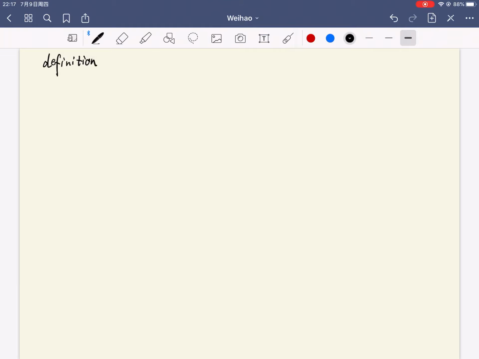Let's introduce the discretization trick, which is called the epsilon cover. Let the vectors Vj belonging to this space be the epsilon cover of this space.